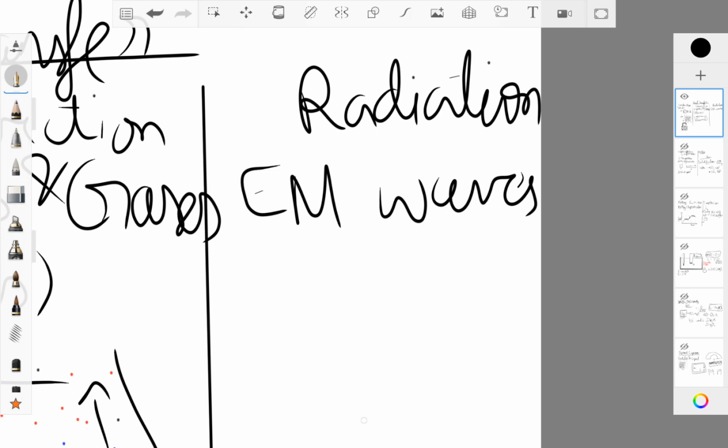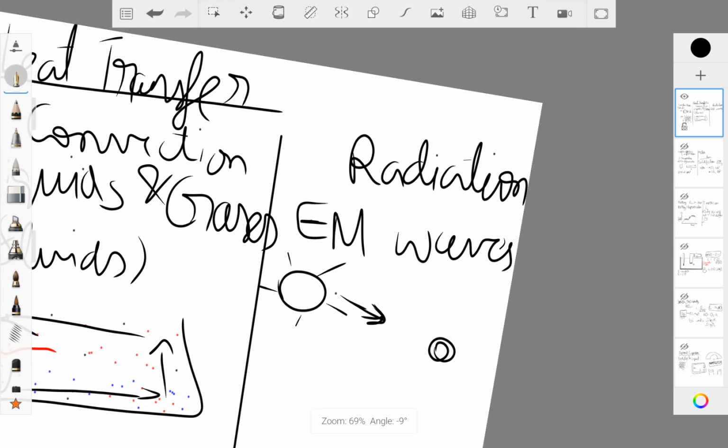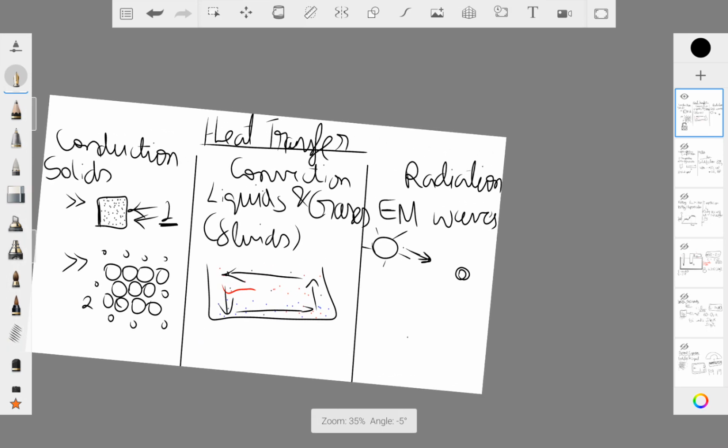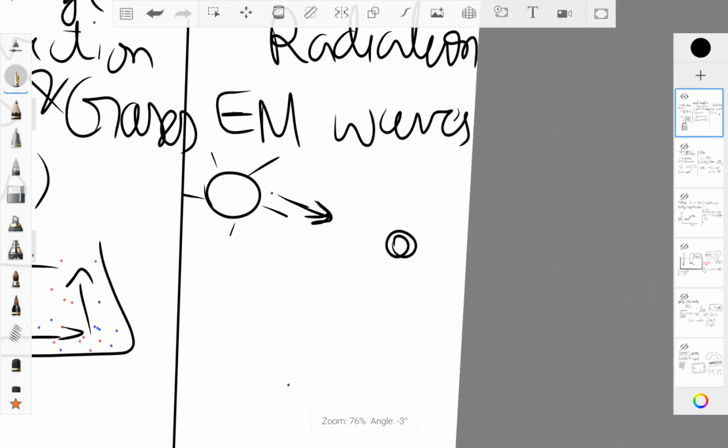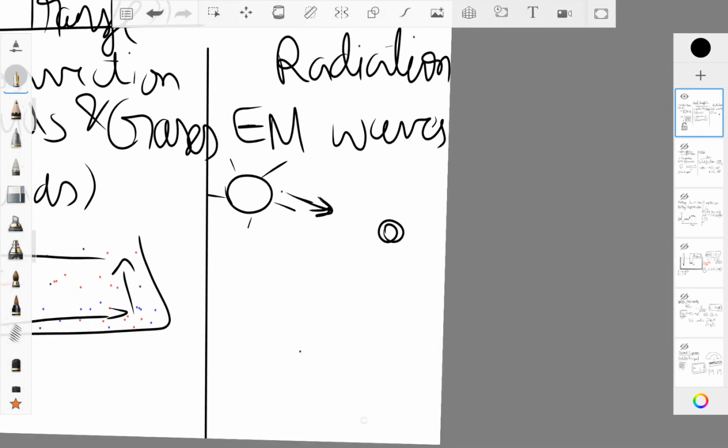And heat transfer by thermal radiation doesn't require a medium, which is why heat transfer in space is almost entirely done by radiation. So imagine this is the Sun, and this is the Earth. Heat reaches the Earth from the Sun via radiation, as both convection and conduction require material mediums to occur, while EM waves are capable of traveling in a vacuum.